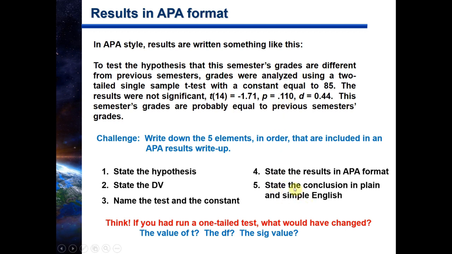So what if we had just put all our eggs in one basket, with one rejection zone? Essentially, that is going to lower the sig value. So instead of p equals 0.110, it's going to be less than that. Will it be enough to reach significance? Probably not, because this p-value will actually be halved.